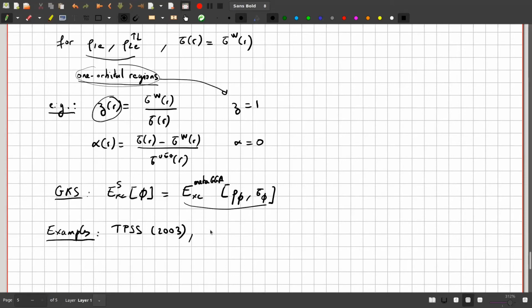There is the M06-L, for Minnesota, which is part of a family of functionals developed in the group of Truhlar. And then there is also a recent one called SCAN, also proposed by Perdew and co-workers in 2015, which uses this indicator alpha of r.